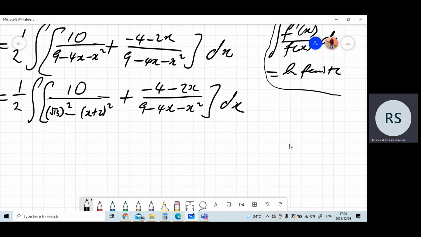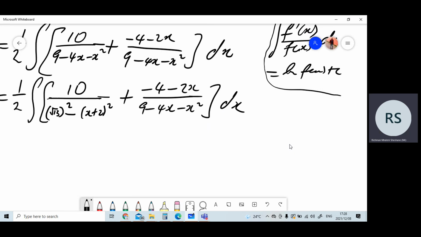Okay, so now for my first term, we use the integration by completing the square. You choose a and z. When you choose a such that it's a constant, your a will be the square root of 13 and z will be x plus 2. So you're going to have 1 over a squared minus z squared.